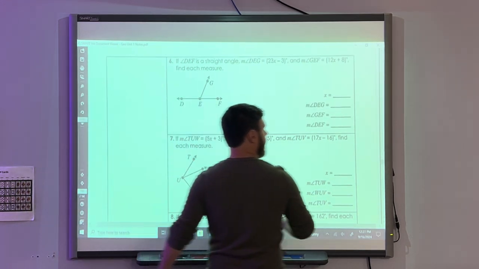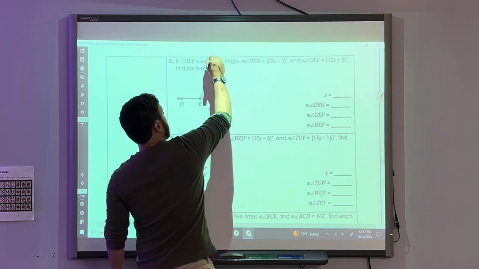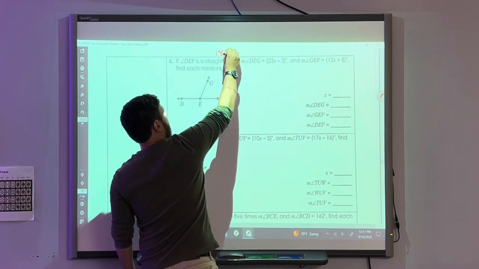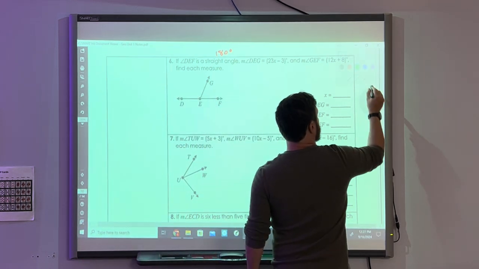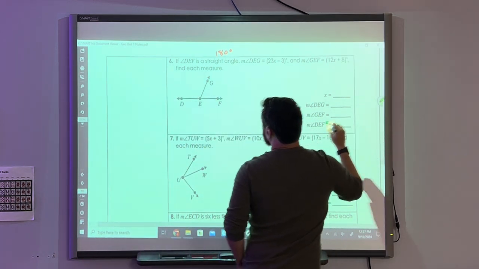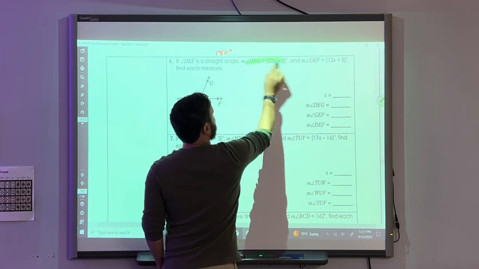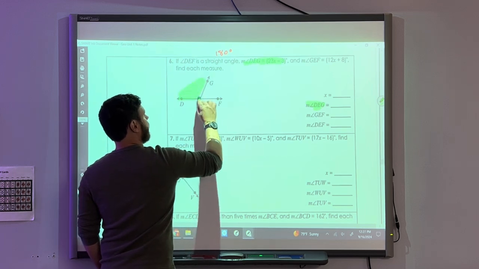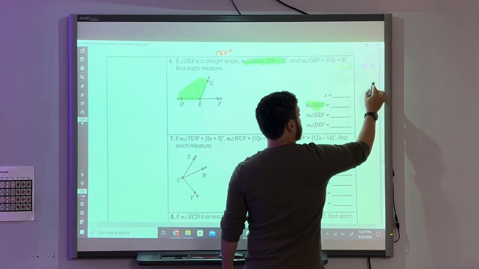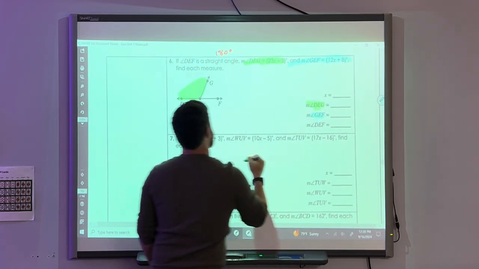DEF is a straight angle, so that means DEF is worth 180. Highlight the rest of it. DEG. This one. GEF.